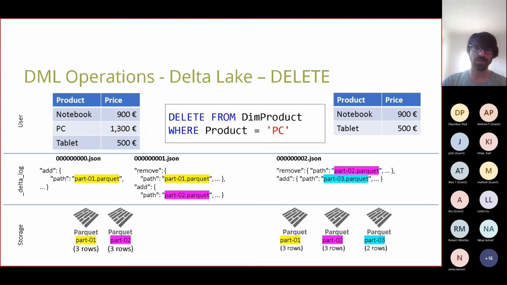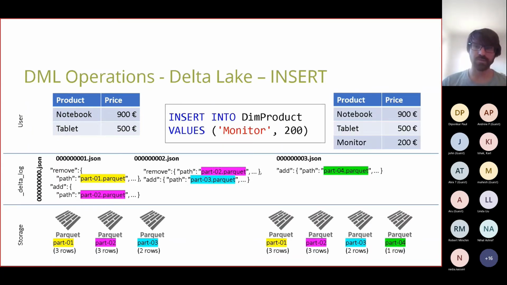If you want to go back to the data as it was before the delete statement, you at some point have to keep the previous file. It's not done on a row level, it's really done on a file level. So after those 2 transactions, our Delta table already consumes 3 times the space that the latest version of the data would consume.